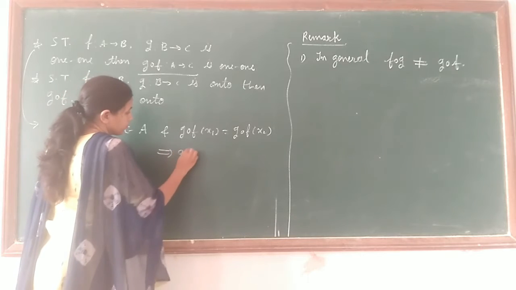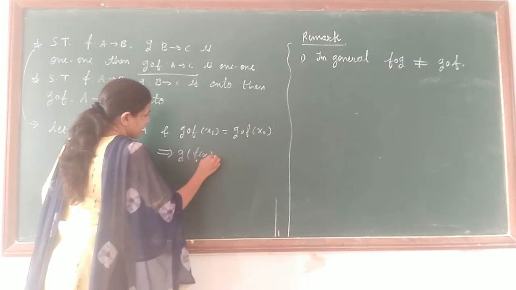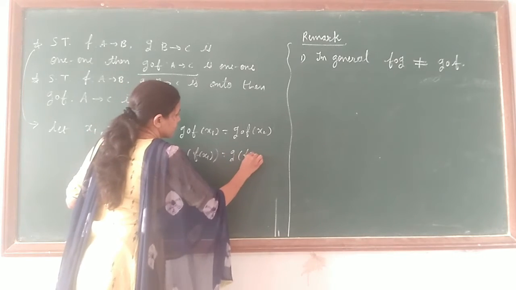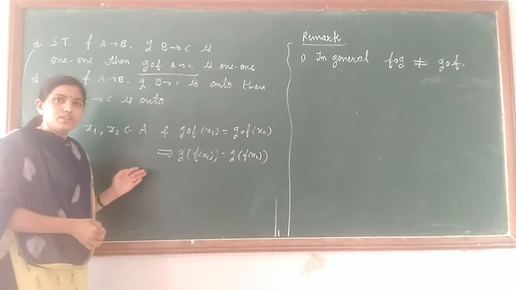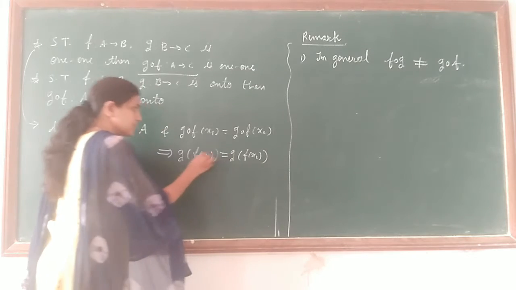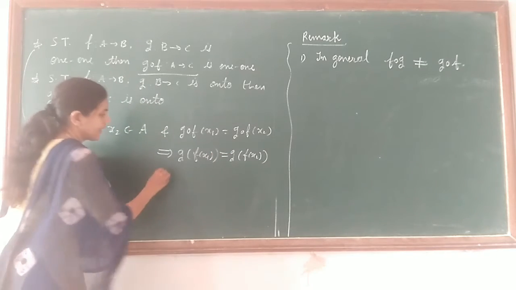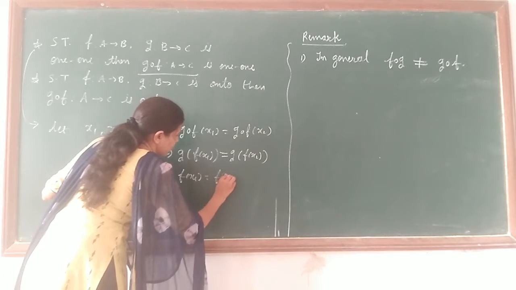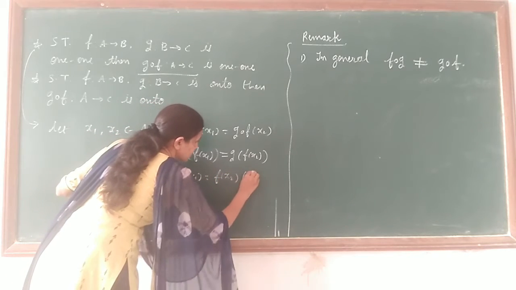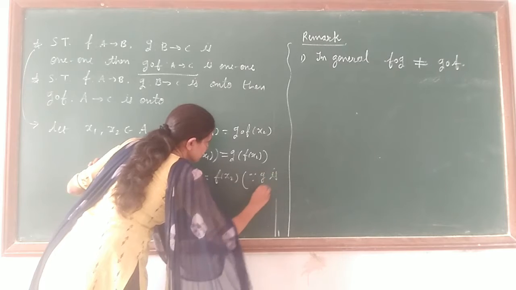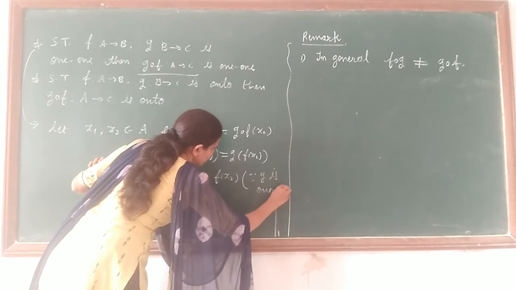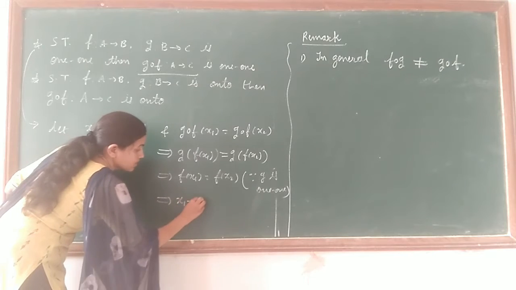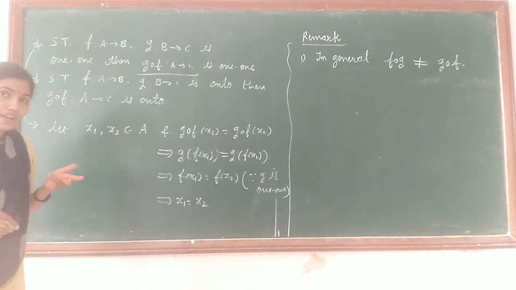Now we know that the composition g of f of x1 is defined like this, and this is g of f of x2. But students, as our g is a 1-1 function, that will give f of x1 equals f of x2. Reason: g is 1-1. Similarly, this will give x1 equals x2.